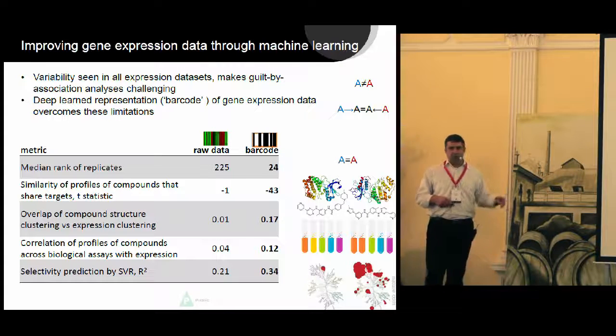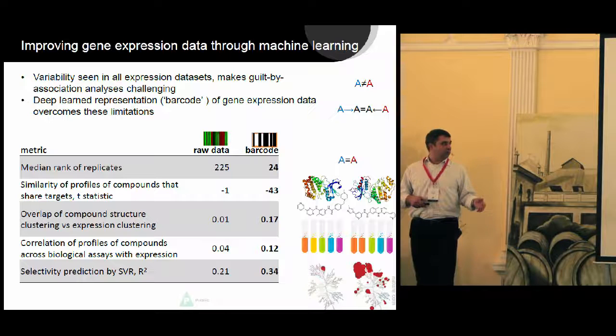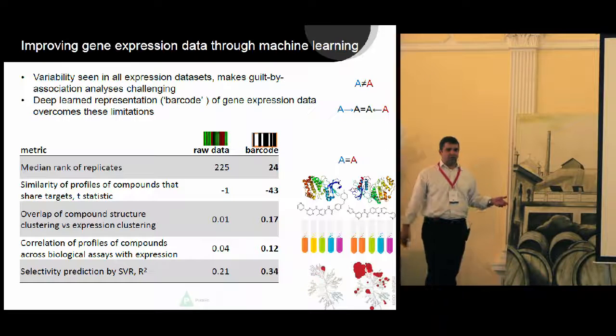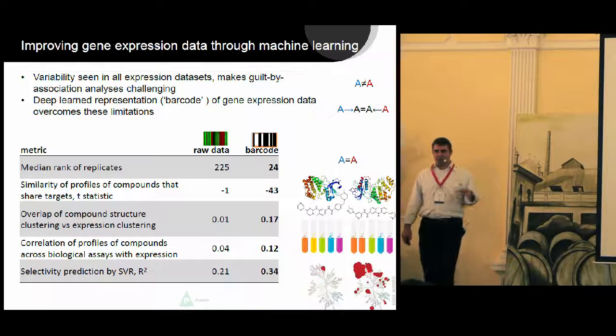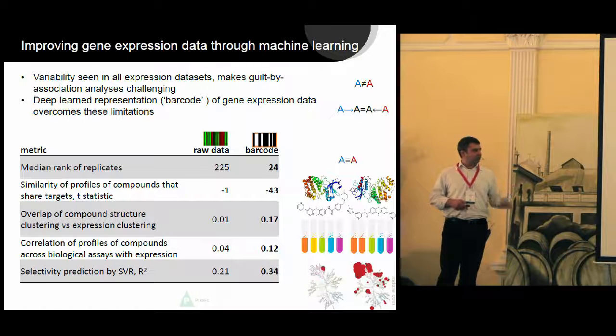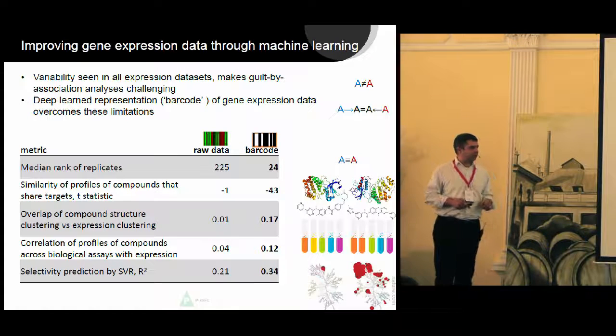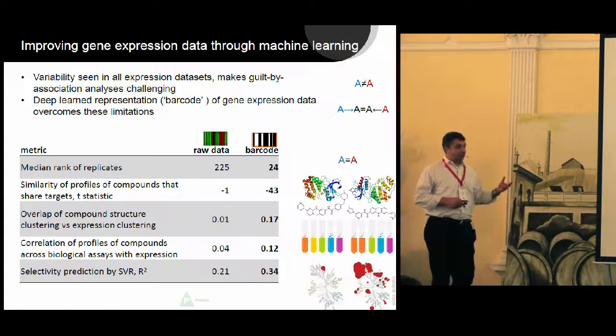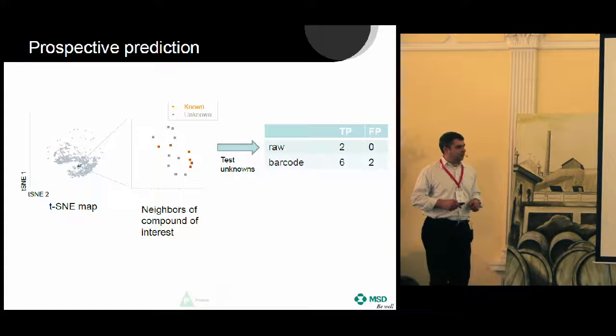You can do a better job of predicting selectivity versus promiscuity with this barcode data than you can in the original data space. And now the barcode data, remember, was generated only from this expression data. And it's reduced from 1,000-dimension continuous to 100-dimensional binary. So you lose a lot of information, but yet you're still able to capture these sort of high-level properties that are inherent in the gene expression data.